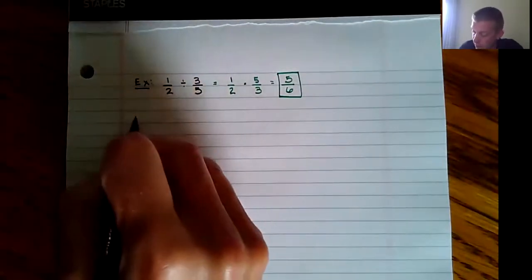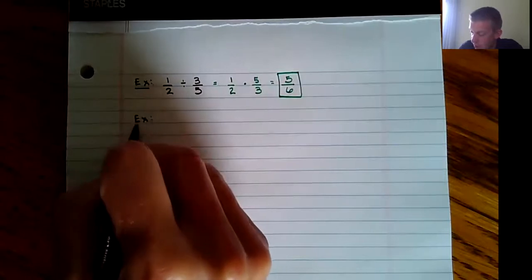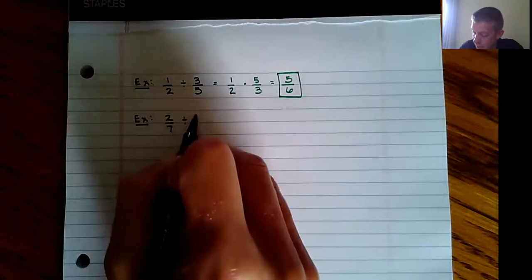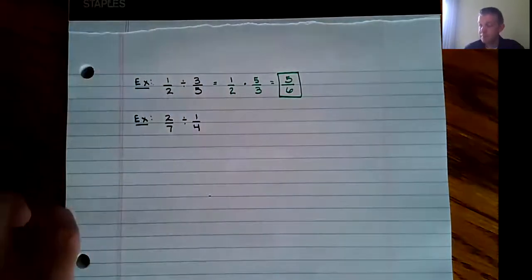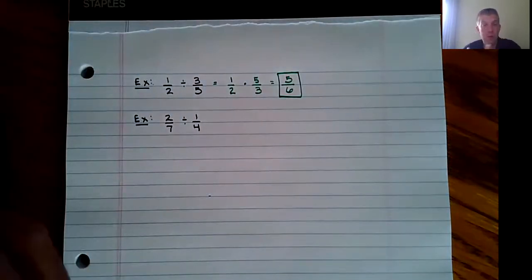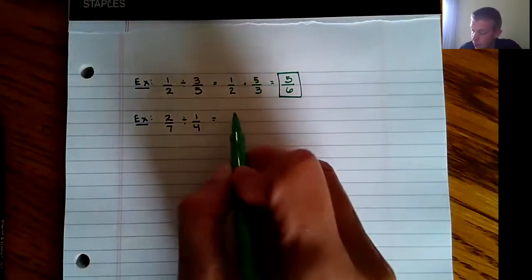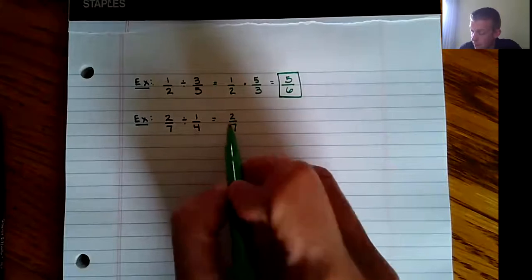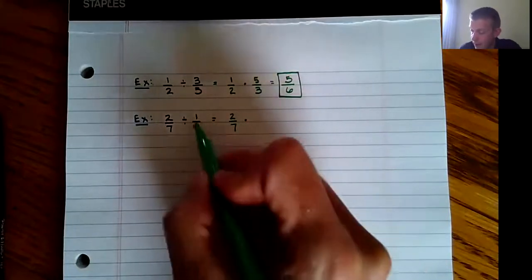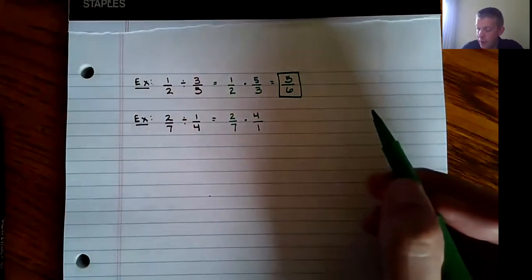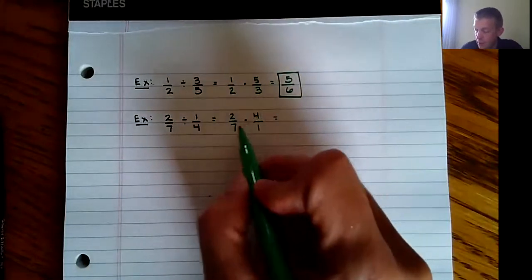All right, one more like this, and then we'll get into addition and subtraction. 2/7 divided by 1/4. So how many 1/4 go into 2/7 is what we're asking. So keep the first one, change division to multiplying, flip the second one, and notice there's nothing that's going to reduce.